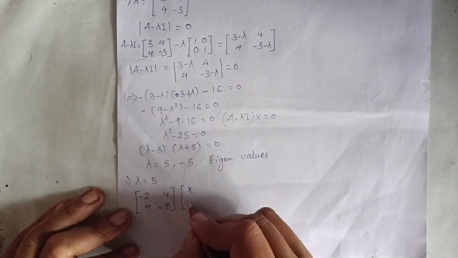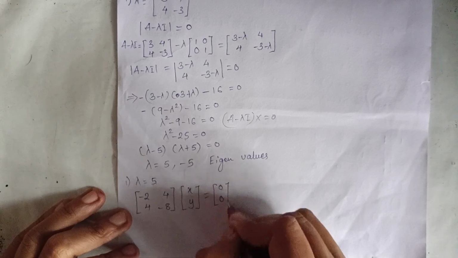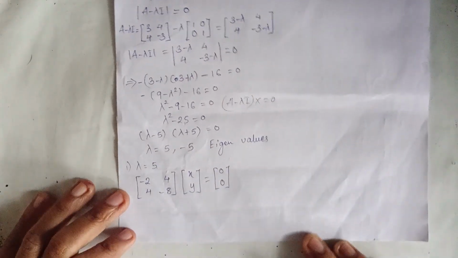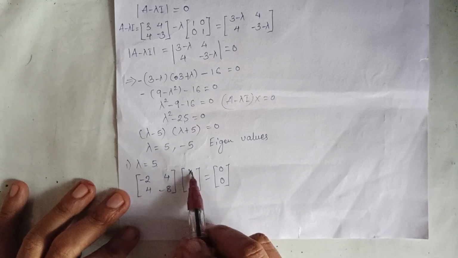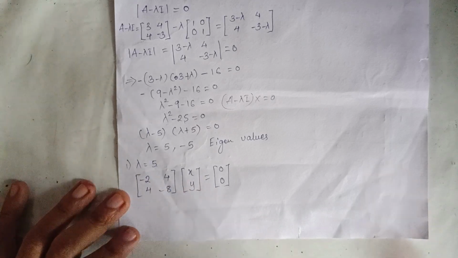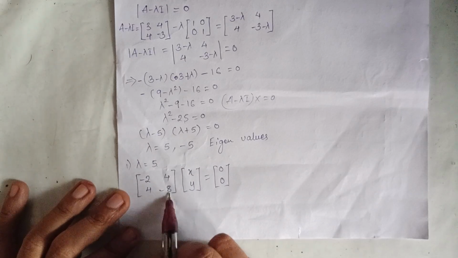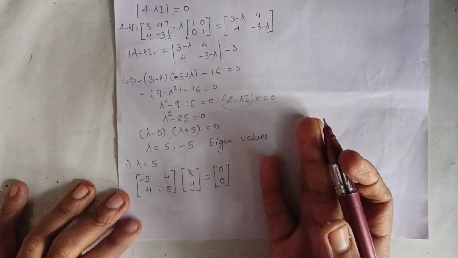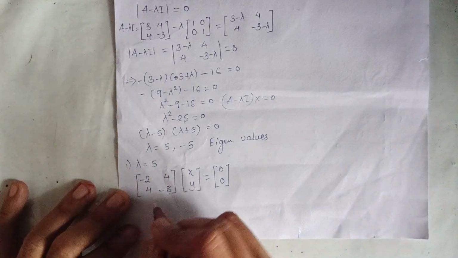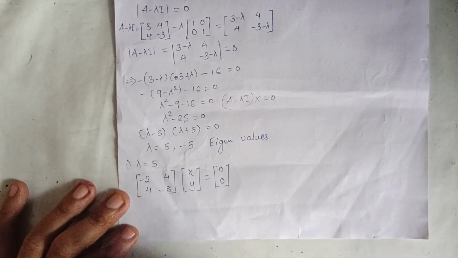X vector is xy. So we have to find values of x and y. Okay. Now to find x and y, you can directly multiply and you will get two equations. Okay, that you can solve, or you can reduce this row so that you will directly get the values of x and y. Okay, so to reduce, I'll make this row 0.